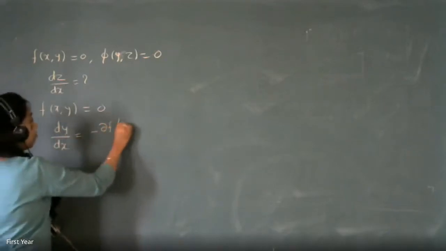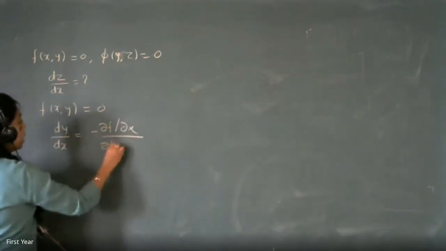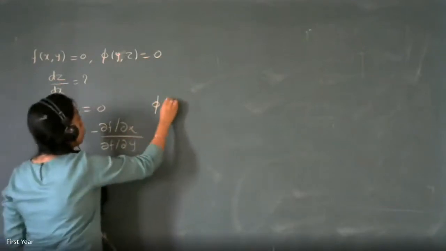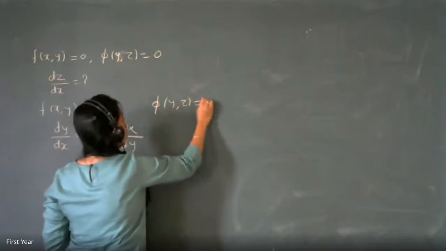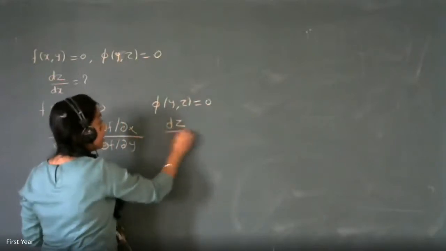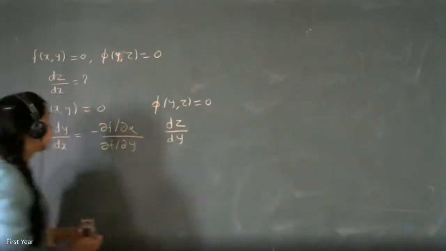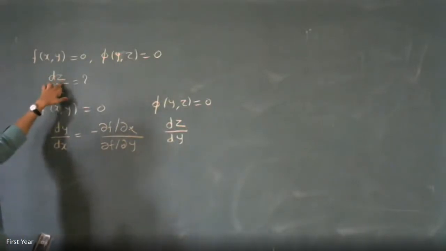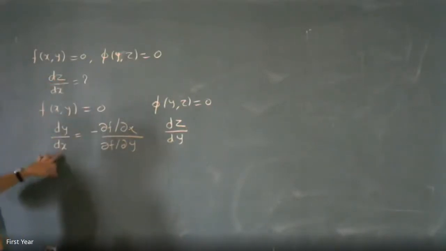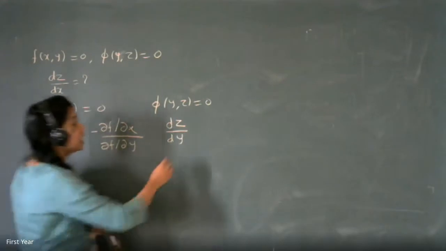Minus del f by del x divided by del f by del y. And using the function phi of y comma z is equal to 0, we are going to get dz by dy. Why am I writing dz by dy? Because I want z in the numerator. So dz by dy into dy by dx, dy will get cancelled and we will get dz by dx.